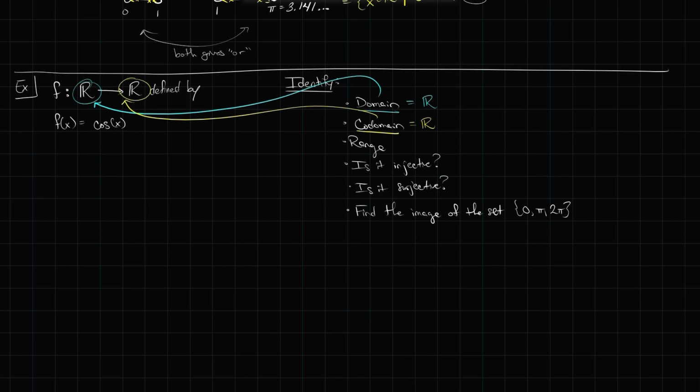Now the range is the tricky one, right? Because the range, if you recall, is the "collection of all outputs." So to try to understand the range, let's graph this function.